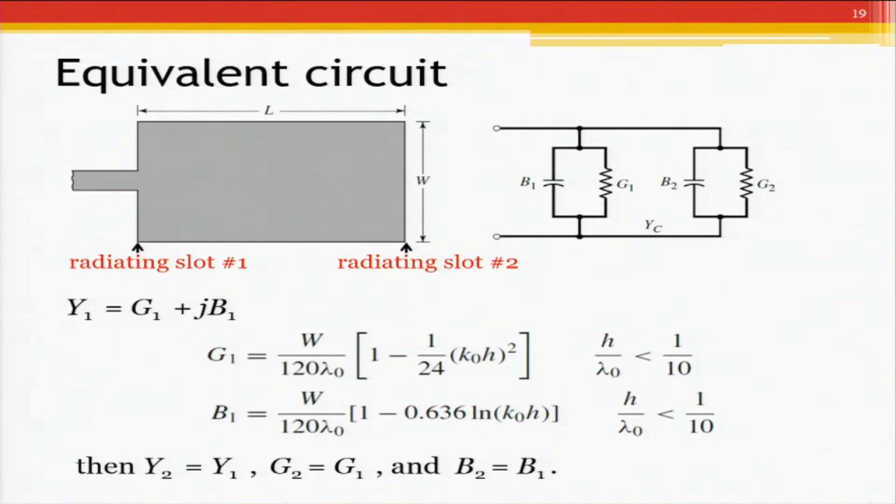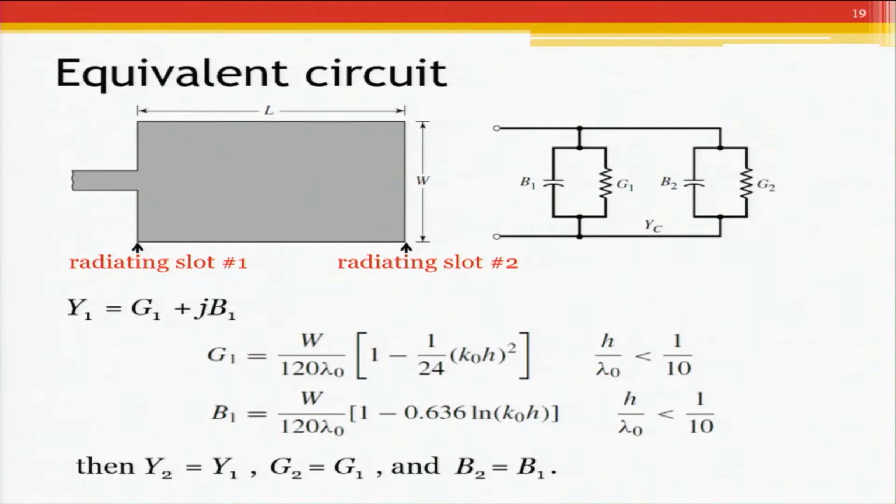In this case, both radiating slots are connected in parallel, so that's why we choose admittance for our analysis here. The patch is represented by another admittance called Yc. And Y1, the admittance of radiating slot 1, is G1 plus jB1.